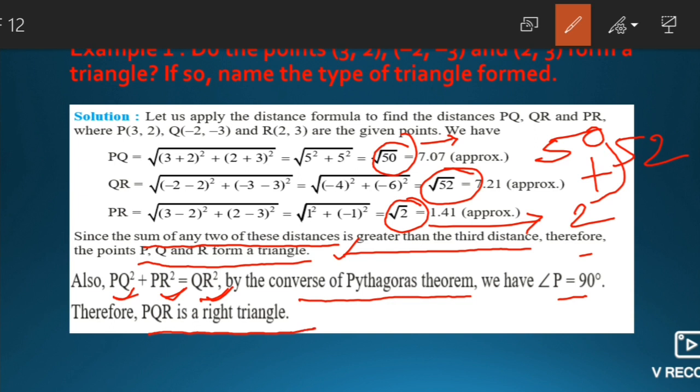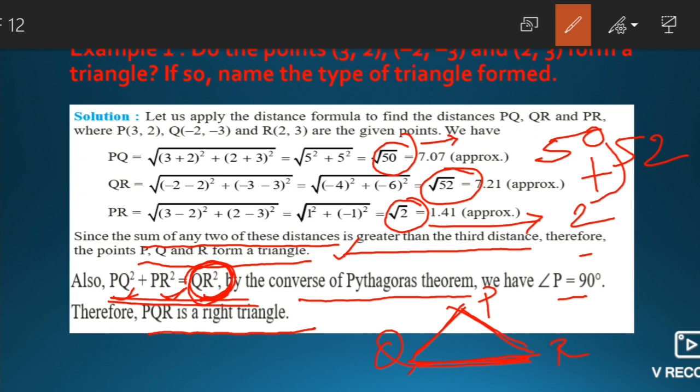The converse of Pythagoras theorem says that the angle opposite to the largest side will be 90 degrees. Suppose this is triangle PQR. From this equation, it is clear that QR is the largest side and QR square is equal to PQ square plus PR square.